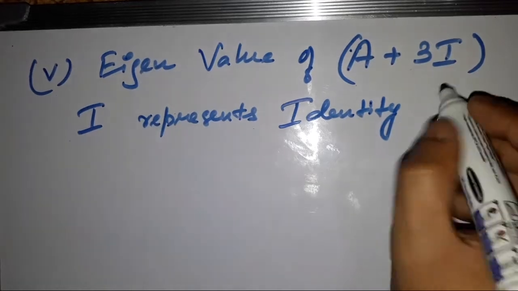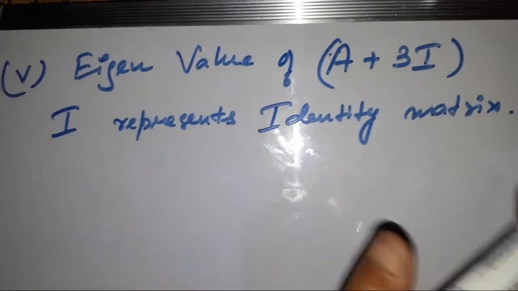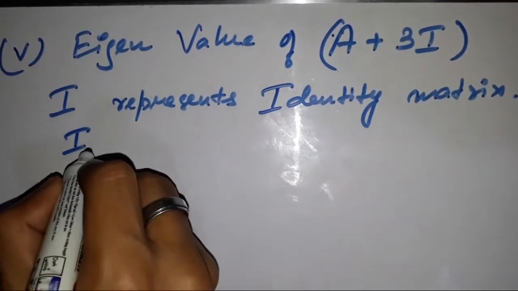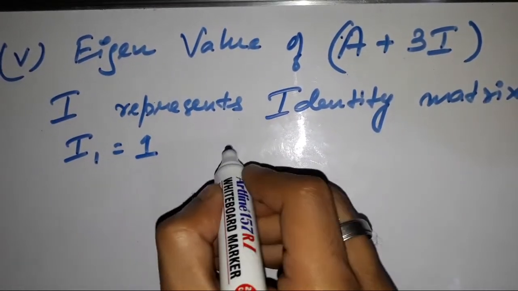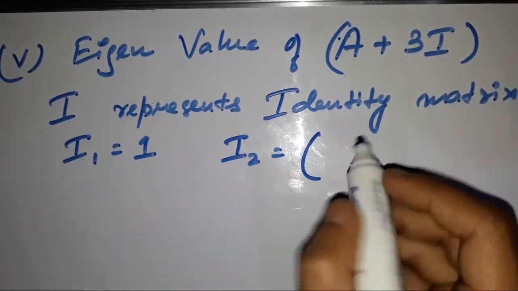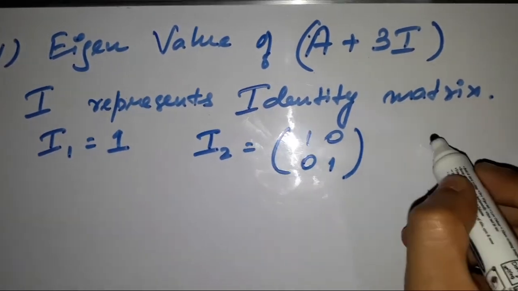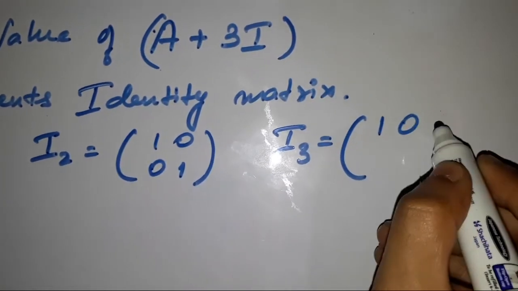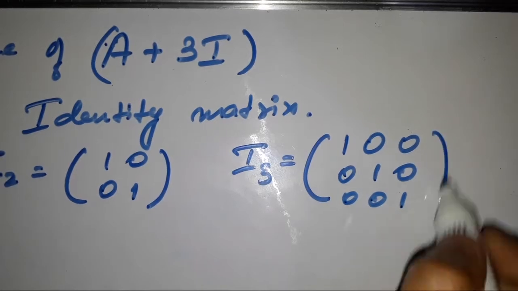If the order of I is 2, then we get the matrix [1 0; 0 1], and I3 will be a 3 cross 3 matrix, that is [1 0 0; 0 1 0; 0 0 1].